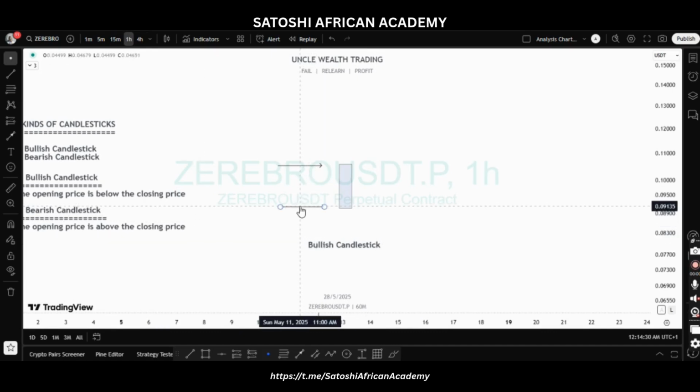So here is going to be the opening price, let me zoom in a bit.